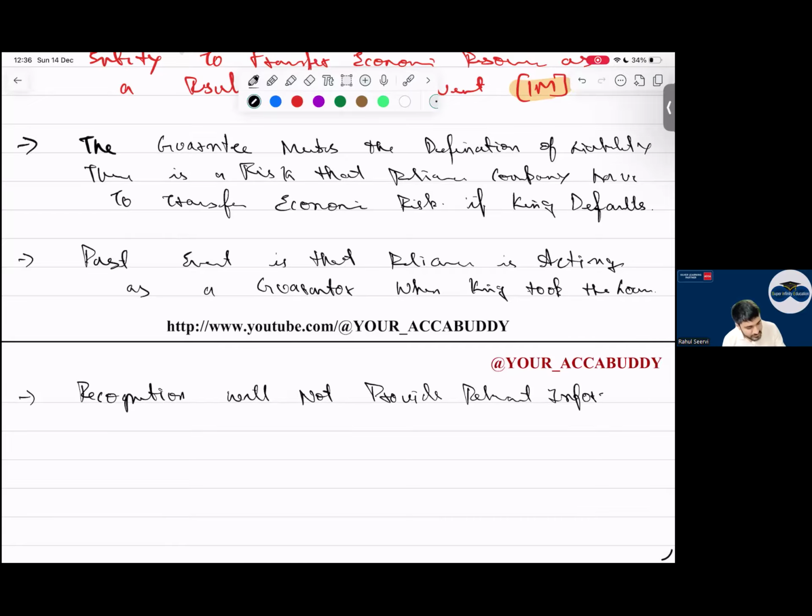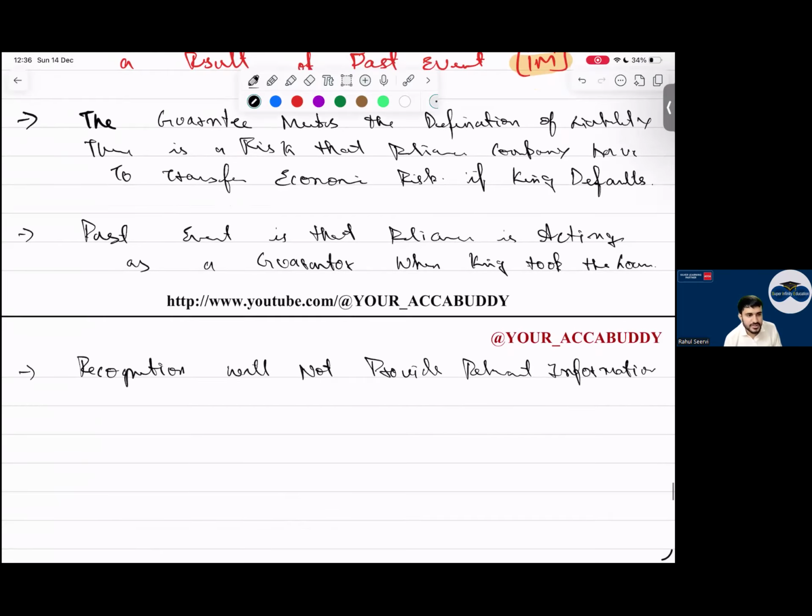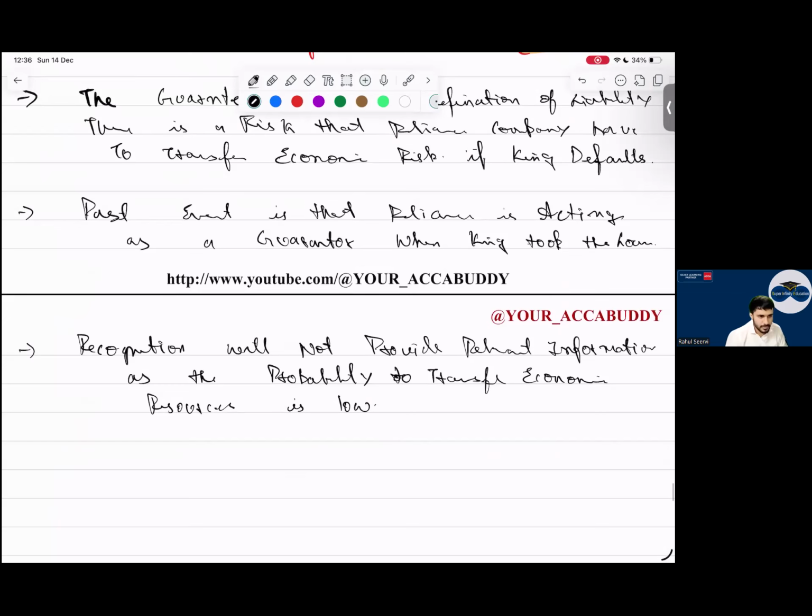It is not relating to faithful, it is not relating to relevant here. Recognition will not provide relevant information as the probability to transfer economic resources is low.